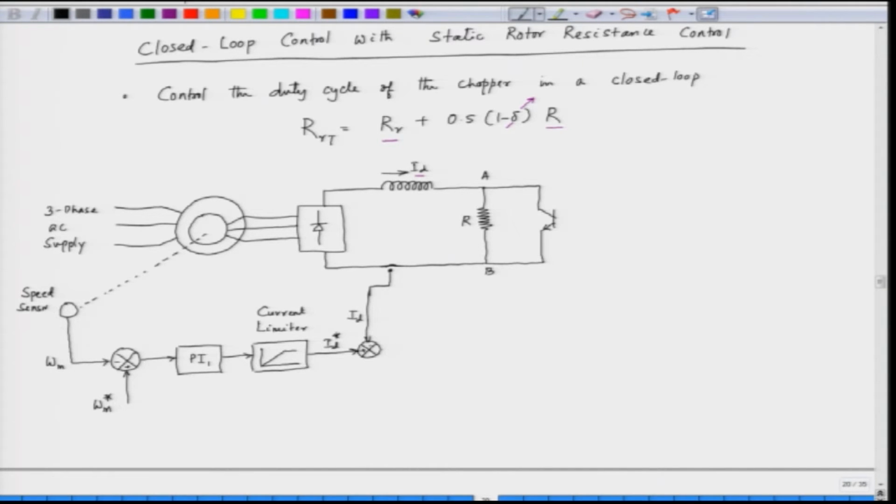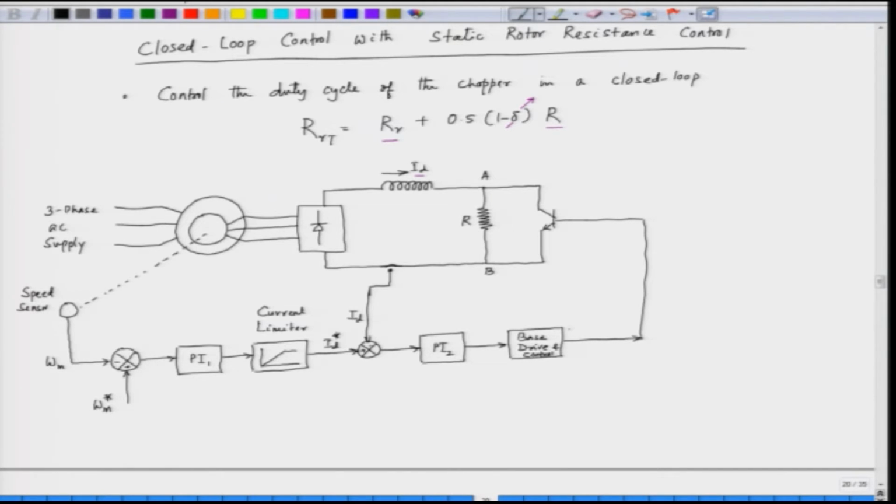Now, this is fed to a second PI controller, PI 2, and then we have the base drive, and this base drive is fed to the base of the transistor. So, what we are trying to do here is base drive and control.